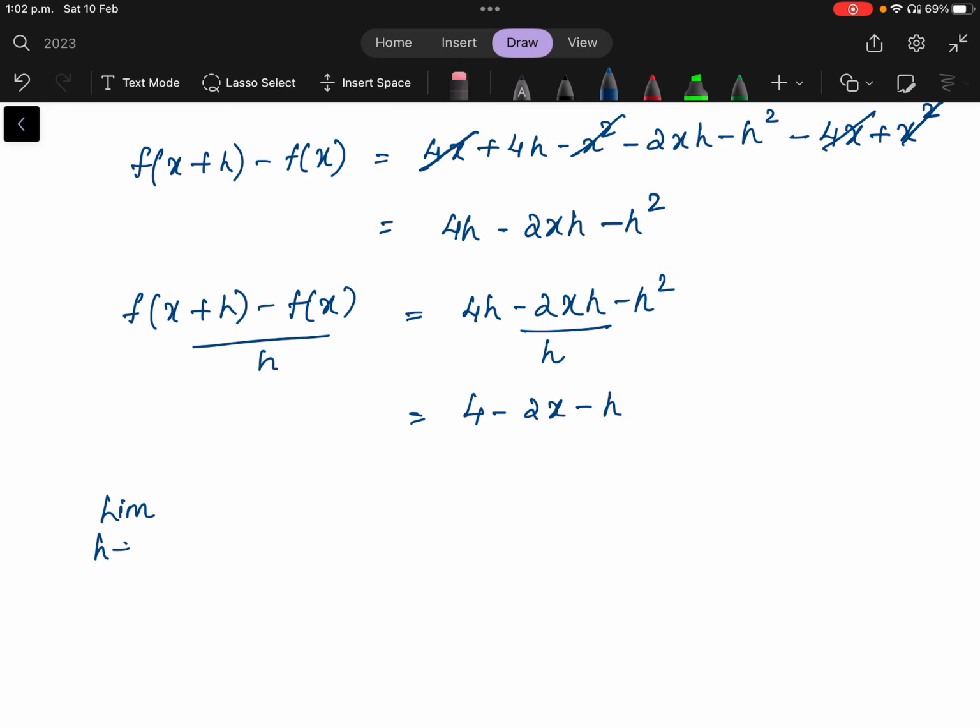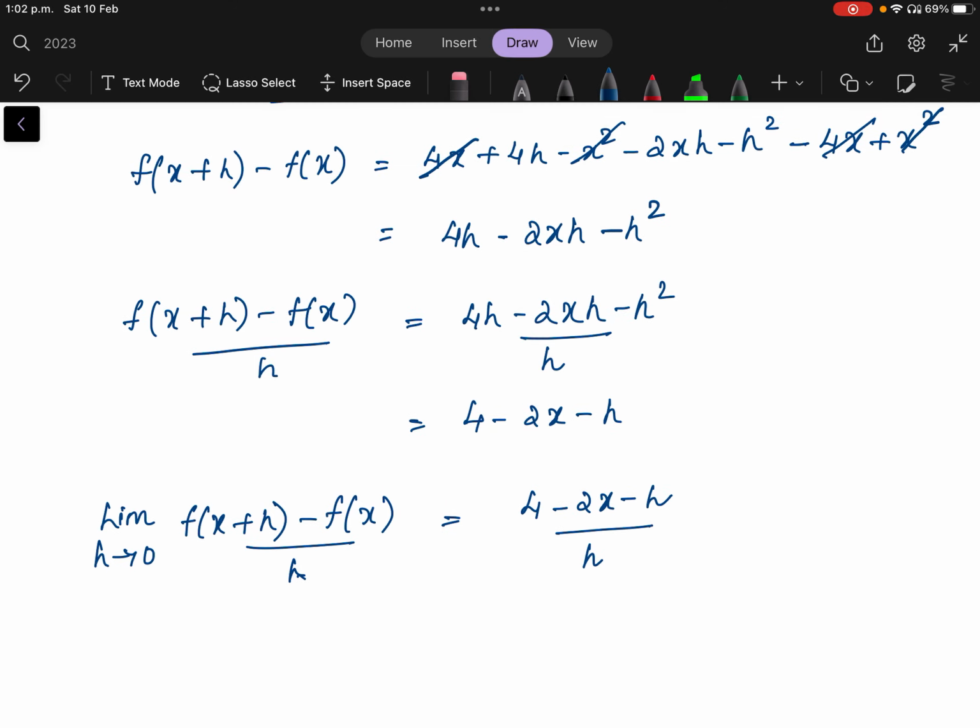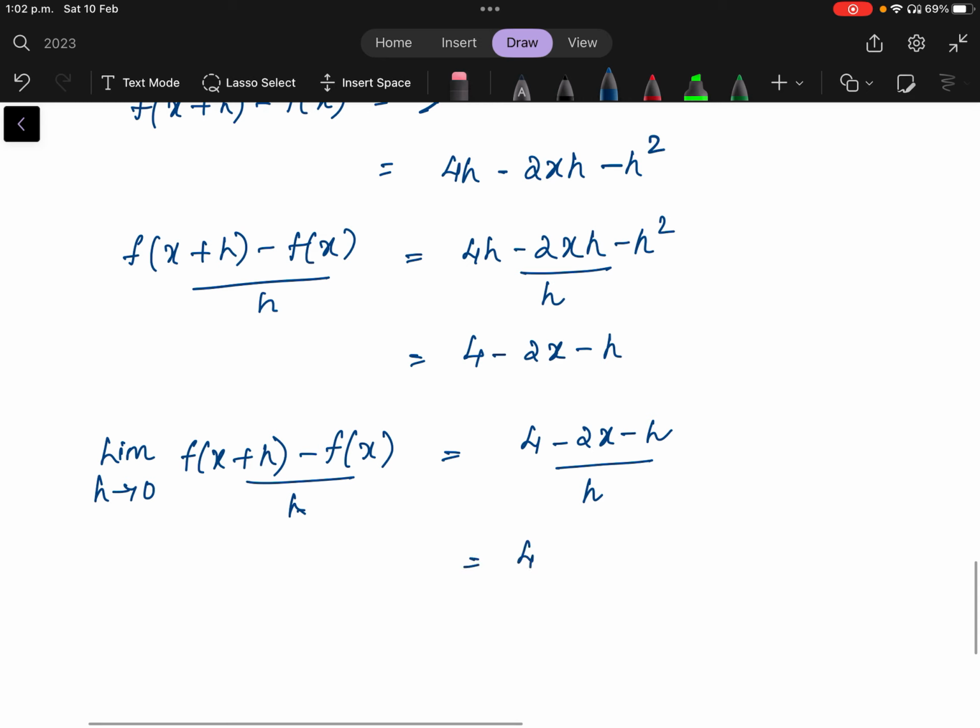Now we apply the limit h tending to 0, f of x plus h minus f of x divided by h, that's equal to 4 minus 2x minus h. Okay, sorry, I missed many things here.